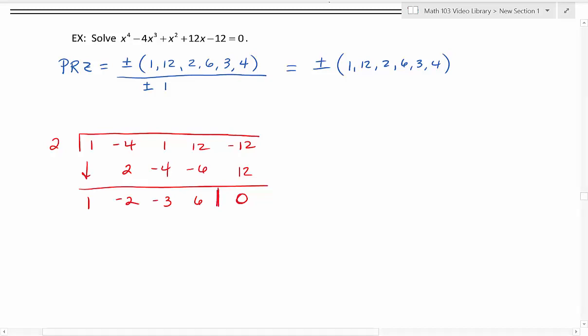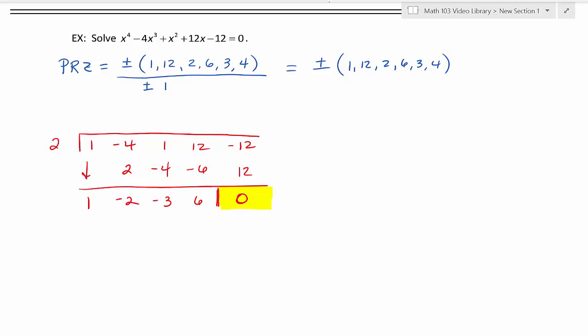How nice, we got a remainder of 0 right away. Since we have a remainder of 0, we know 2 is a 0, and that 0 of 2 can give us a factor. So let's start factoring our fourth degree polynomial.